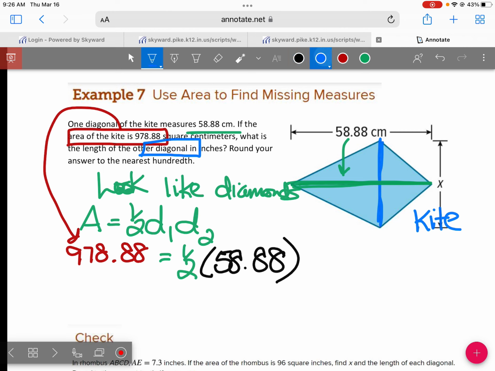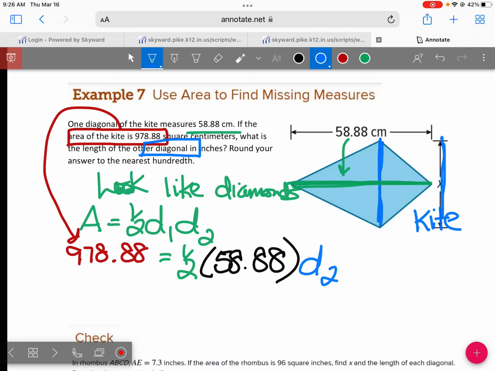Now, the other diagonal here in blue, they didn't give me that. They're saying X. I'm just going to leave it as diagonal sub 2, but you could put X if you wanted.